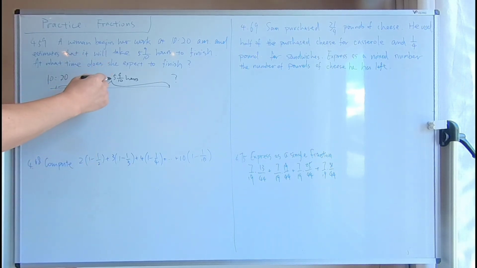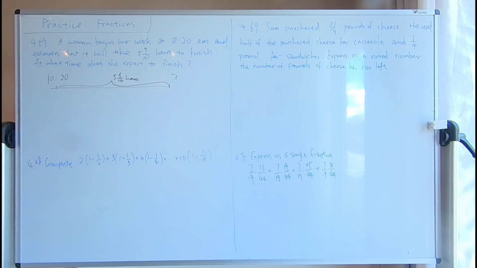You can either separate the integer part, representing the hours, and the fraction part, representing the minutes, and add them to the original time separately. Or you can convert this number into one single fraction first, which can then be converted to minutes, and then add it back. So it looks like the first way is easier.